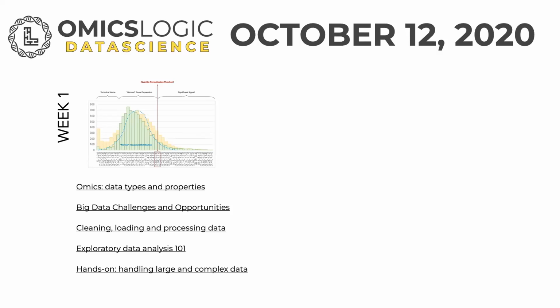Some of them have an impact on how we prepare the data for analysis, looking for batch effects and outliers. And some of them are important to understand the technologies producing these data sets so that we can incorporate their specificity into the downstream analysis. That's why we'll talk about cleaning, loading, and processing these data sets and learning exploratory data analysis.